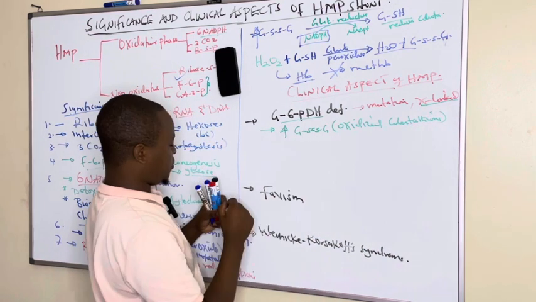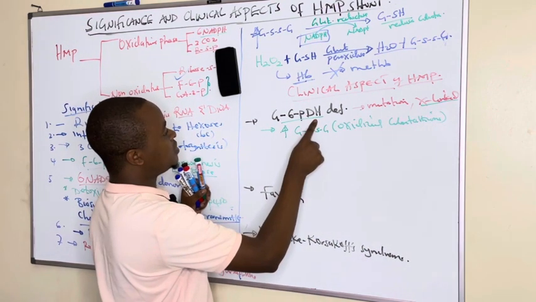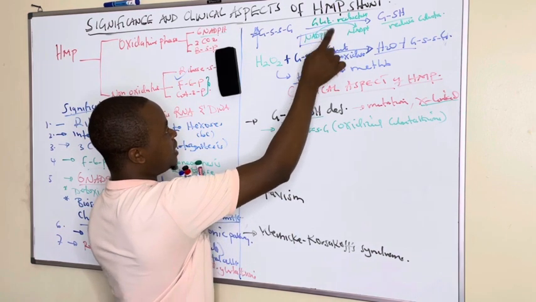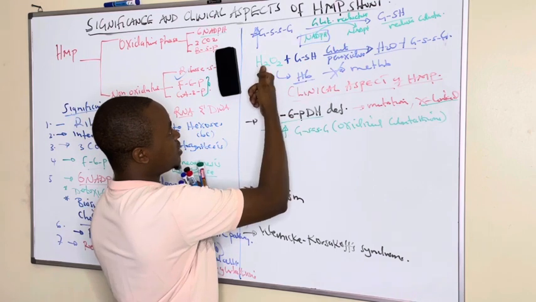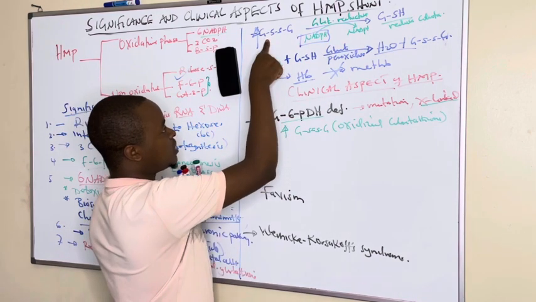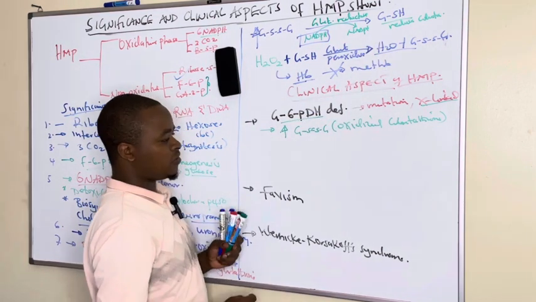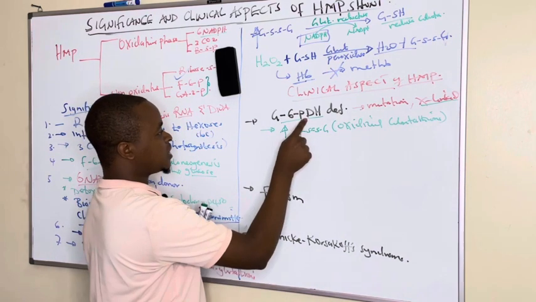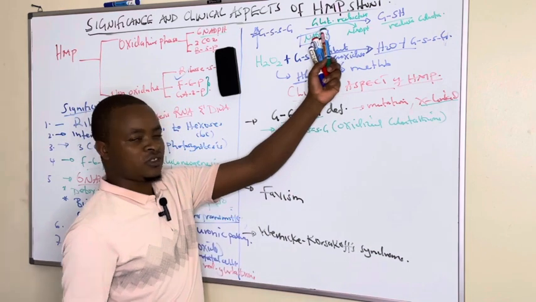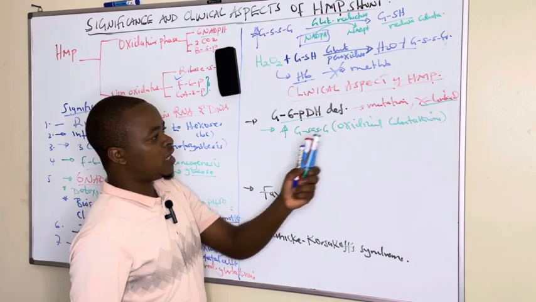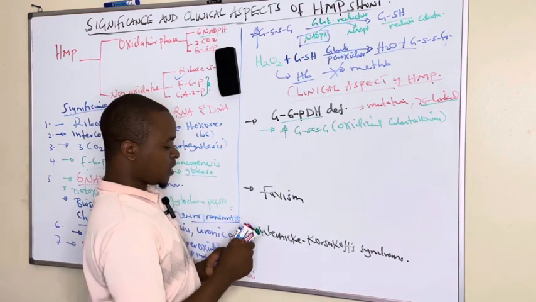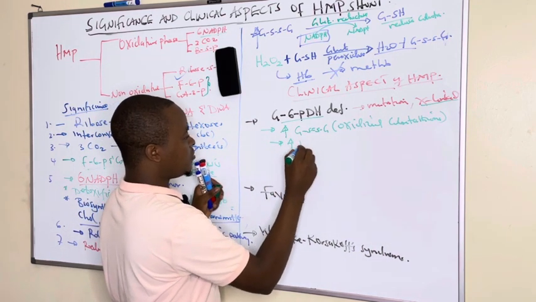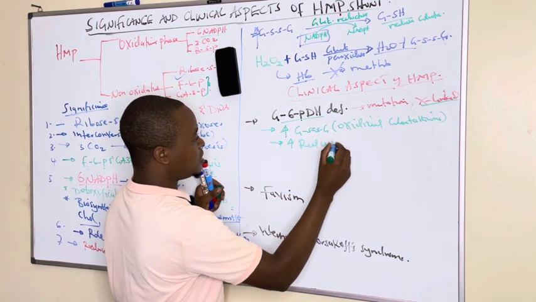We saw that G6PD is used to produce NADPH, which reduces oxidized glutathione to reduced glutathione. So in case there is no G6PD, there is no NADPH, and with no NADPH, oxidized glutathione accumulates, and when it accumulates, it increases red cell hemolysis, RBC hemolysis.